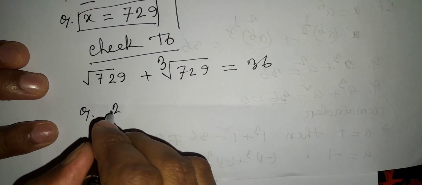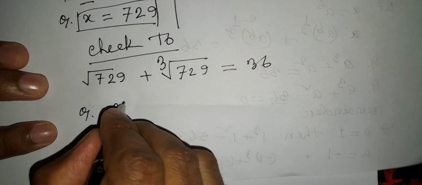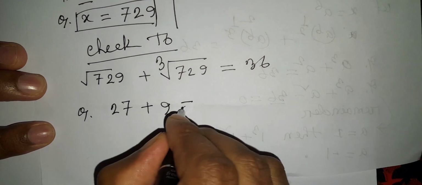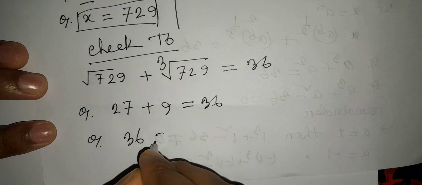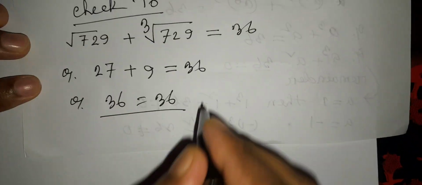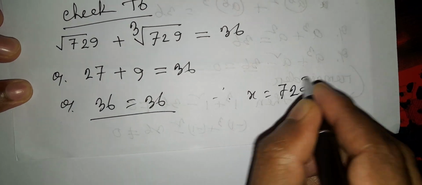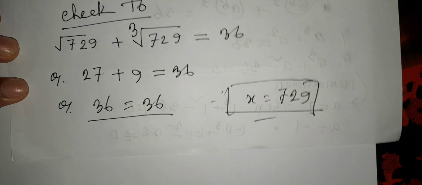Here it is 27 plus 9 equal to 36. 36 equal to 36. So x equal to 729 is the solution of the equation. Okay, thank you.